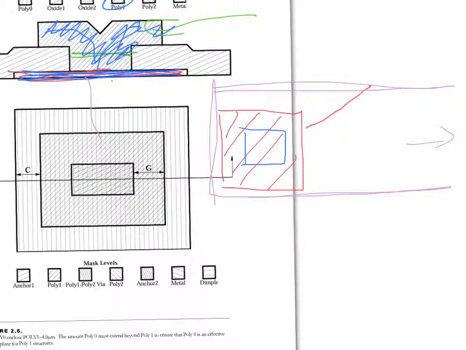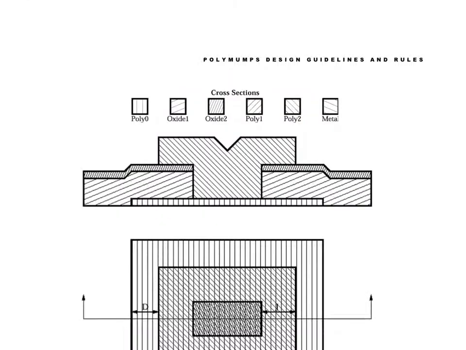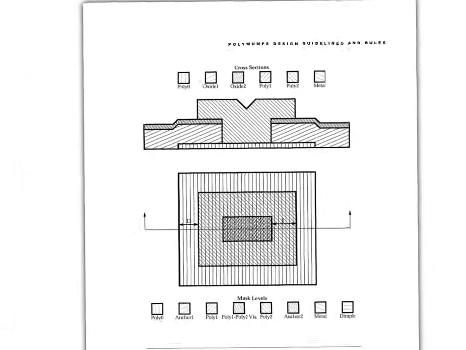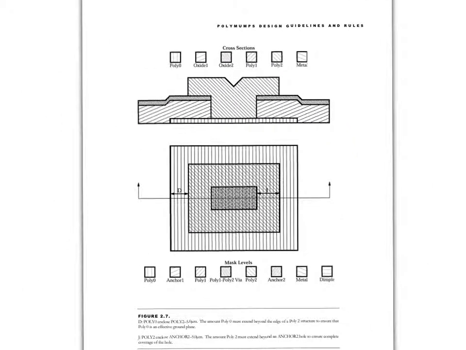The blue structure is anchor 1. That's the name of the layer. And then the purple structure is poly 1. So anchor 1 makes an anchor from poly 1 to poly 0. It can also make an anchor from poly 1 to nitride if you don't have a poly 0 under it. Okay? So are you guys good with that? I hope. So you can see we're going to keep building stuff.